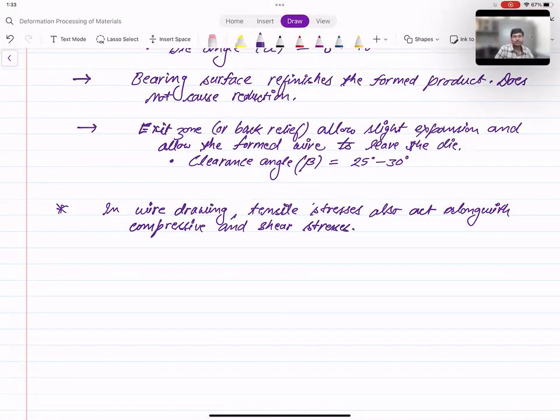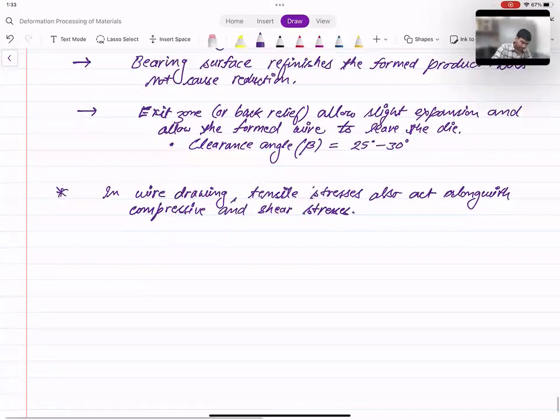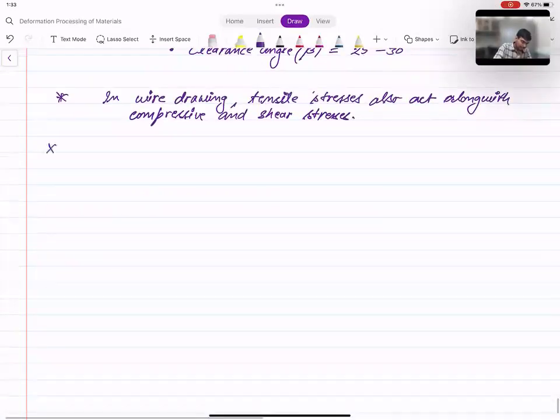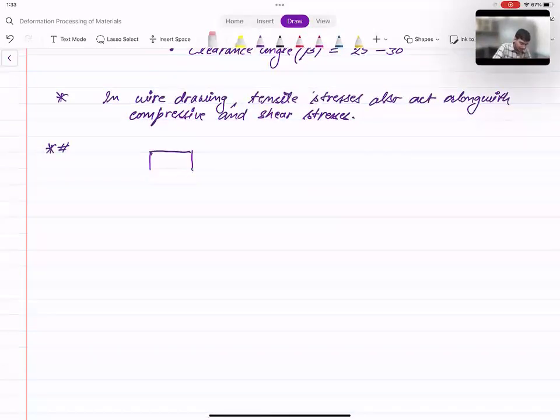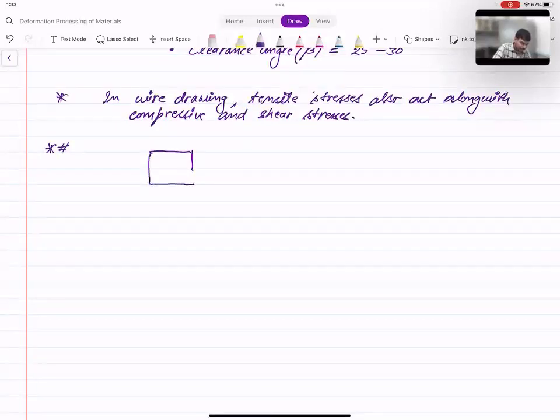Okay, so now let us see how various parameters vary and what are the steps followed for this process of wire drawing. If we want to see the reduction, what happens during wire drawing is, say, initially we had a rod or wire of some initial diameter.